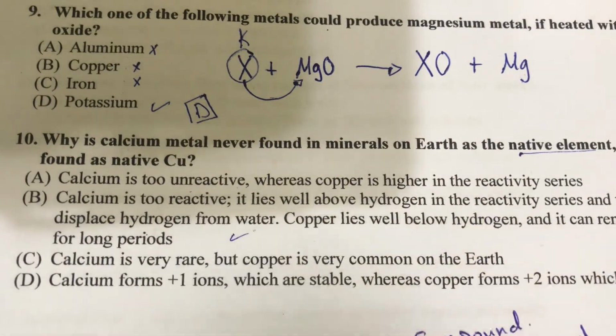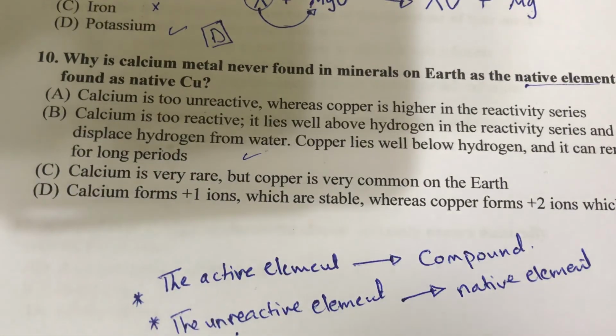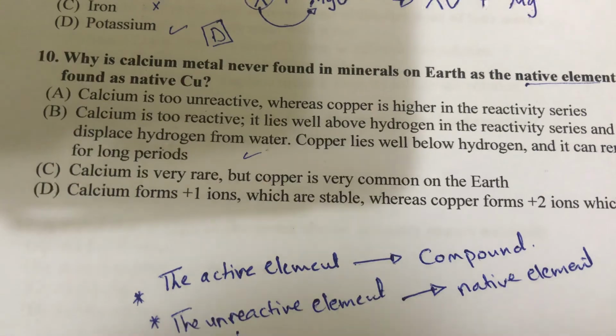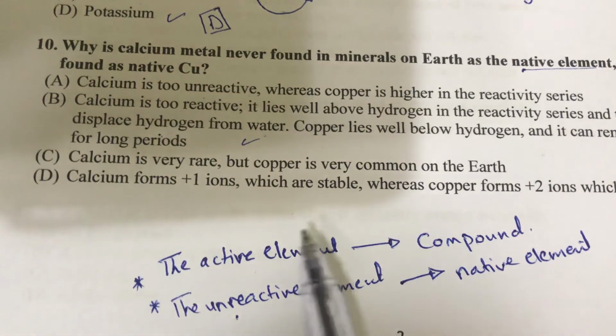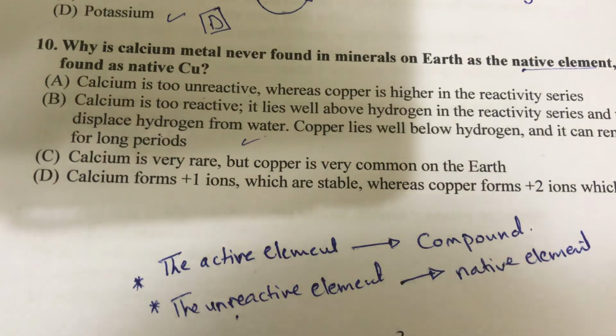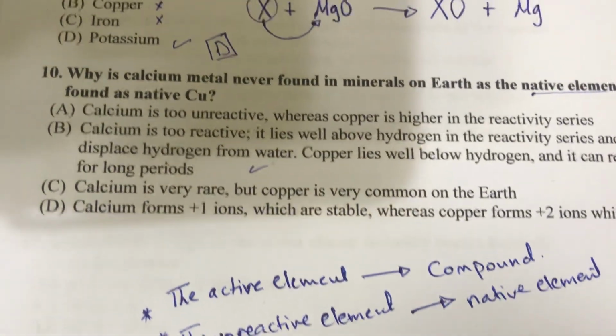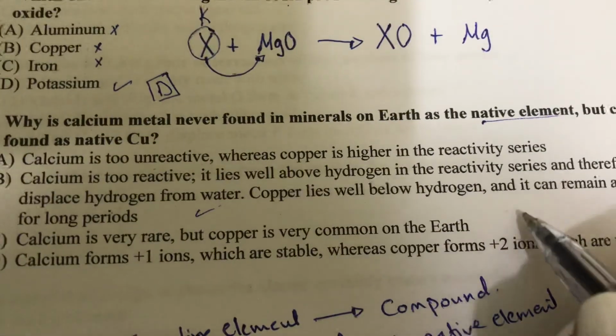Yes, this is the correct answer. Again, here in this question, a new idea: the active elements are found as compounds and the unreactive elements are found as elements. So here the correct answer is B.